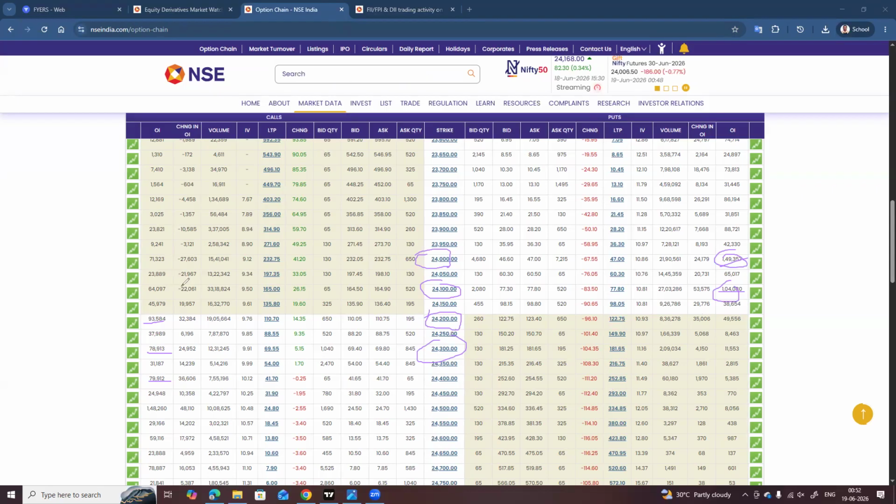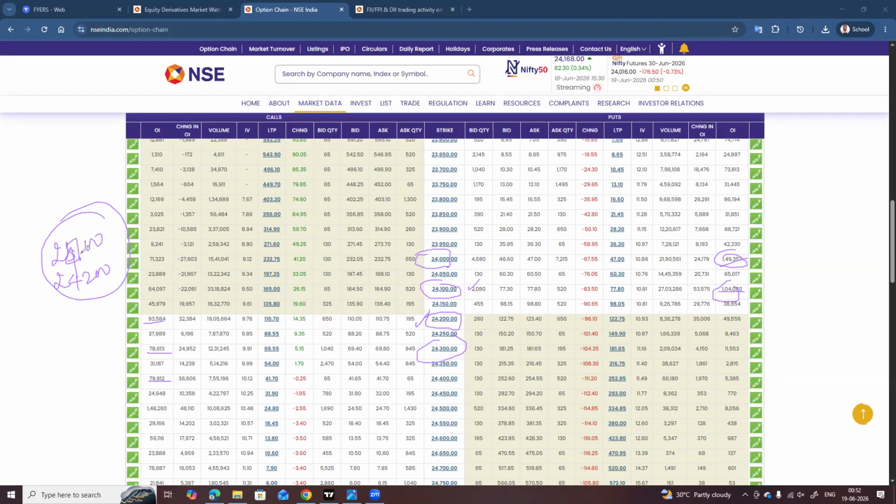So fresh put writing has happened at 24,100, and fresh call writing has happened at 24,200, indicating that traders expect Nifty to initially trade inside this range, like 24,100 and 24,200. This is the initial range.